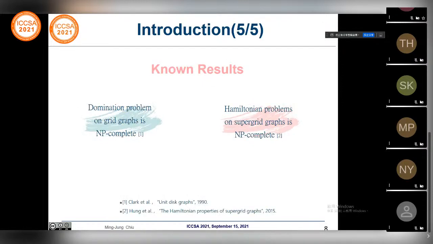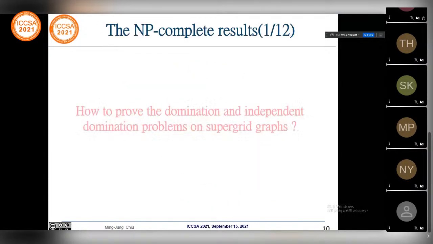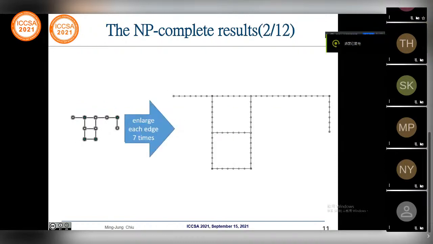We know that the domination problem on grid graphs is NP-complete, and the domination problem on supergrid graphs is NP-complete. Then, how can we prove the domination and independent domination problems on supergrid graphs?